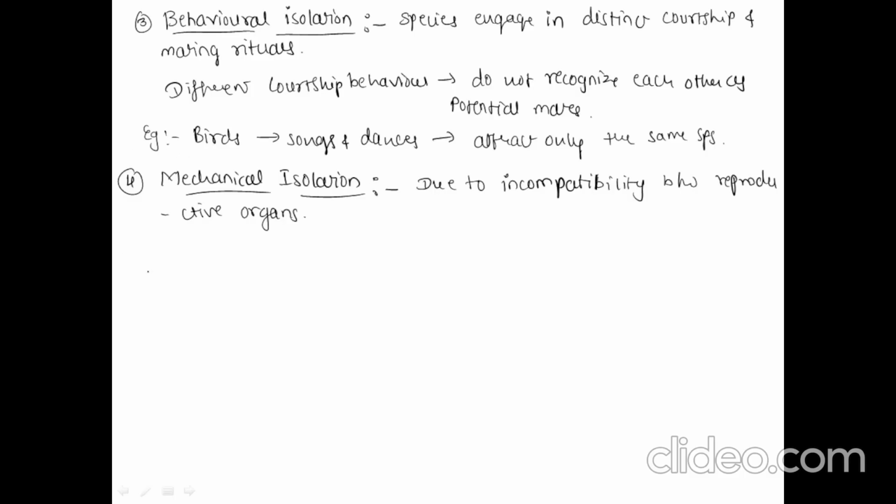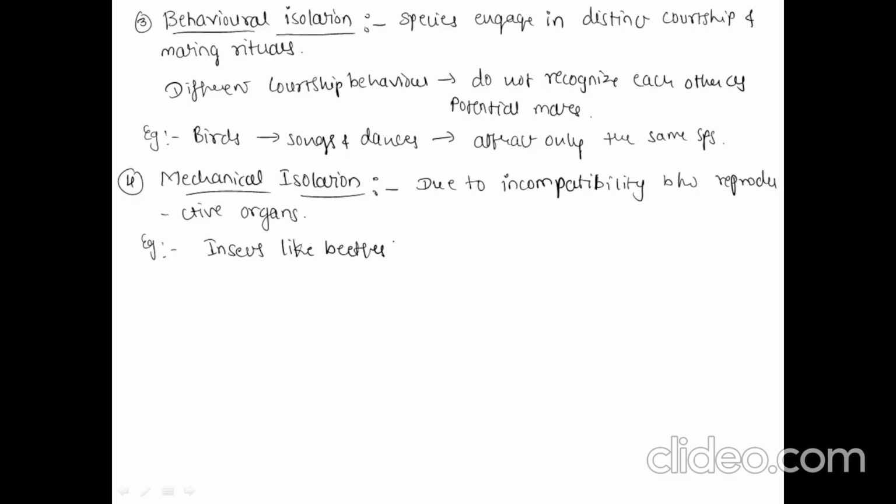We'll see the example for this. In case of insects like beetles, they may have reproductive organs that only fit with their own species.